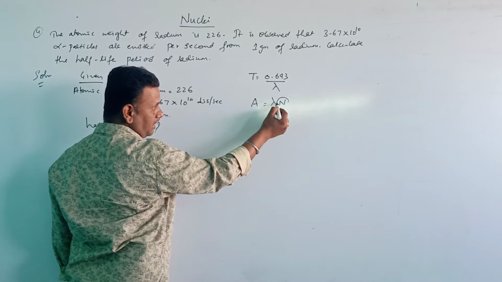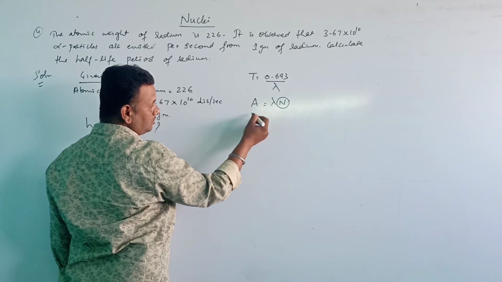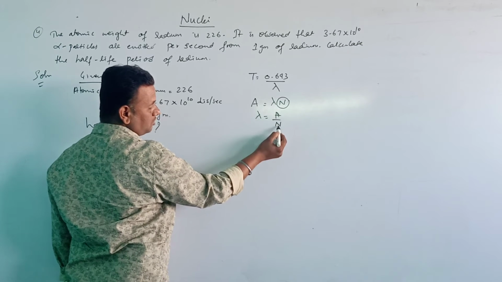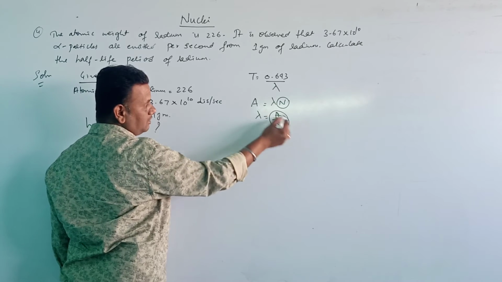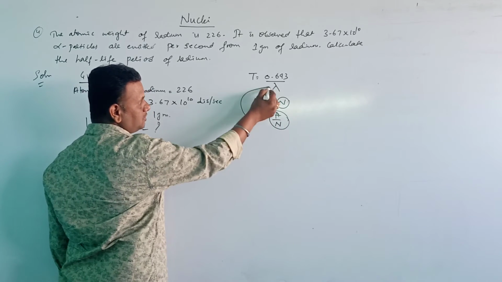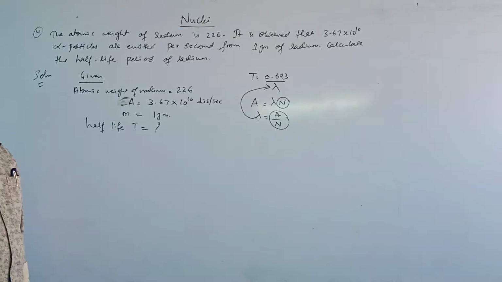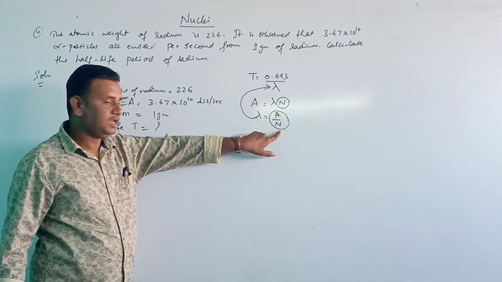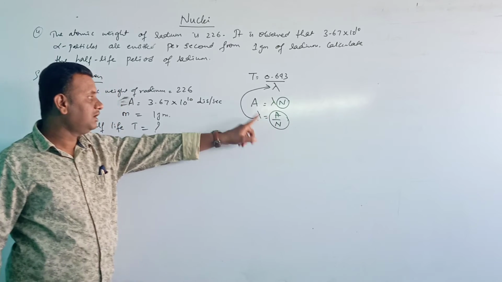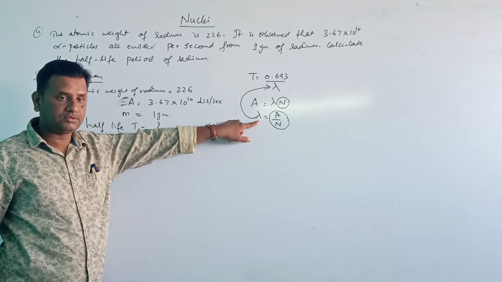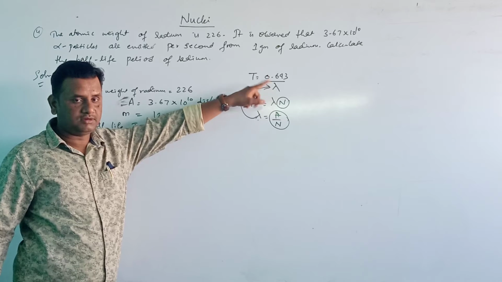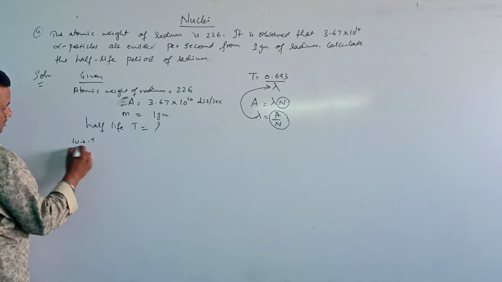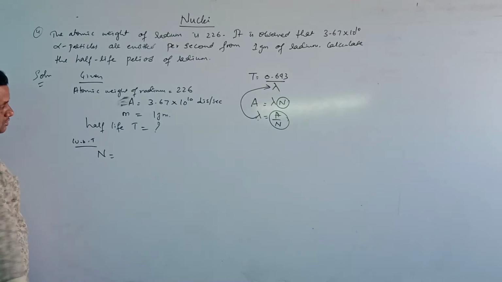So first we find n. Then lambda is equal to A divided by n. Once we get the n value, we can find the lambda value, substitute it, and find the half-life. So first we find the number of atoms, then the lambda value, and substitute in this relation.